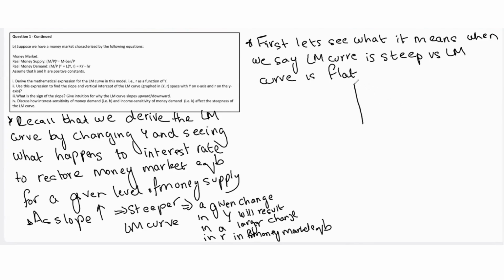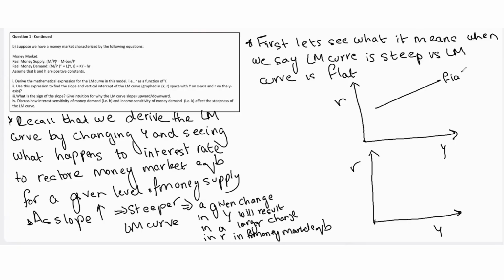So if I show this by plotting it, I'll plot a flat LM curve and a steep LM curve. This is R against Y, and this is also R against Y. Right, let's make a flatter LM curve here. This is the flatter LM curve. And let's make a steeper LM curve here.